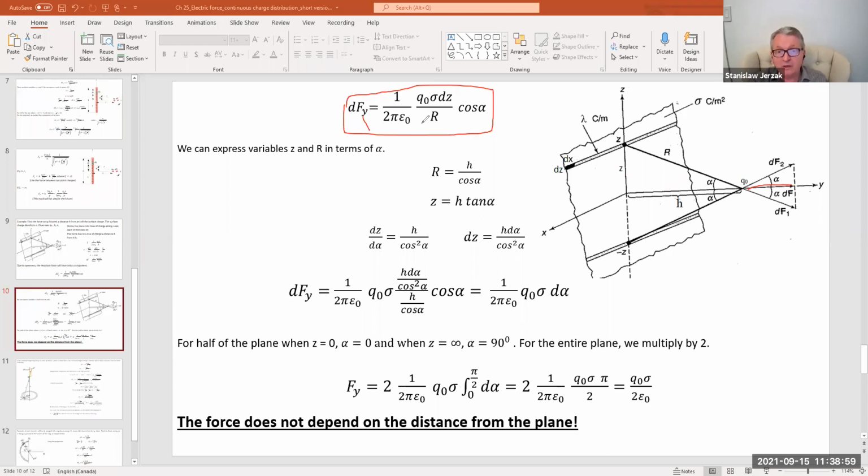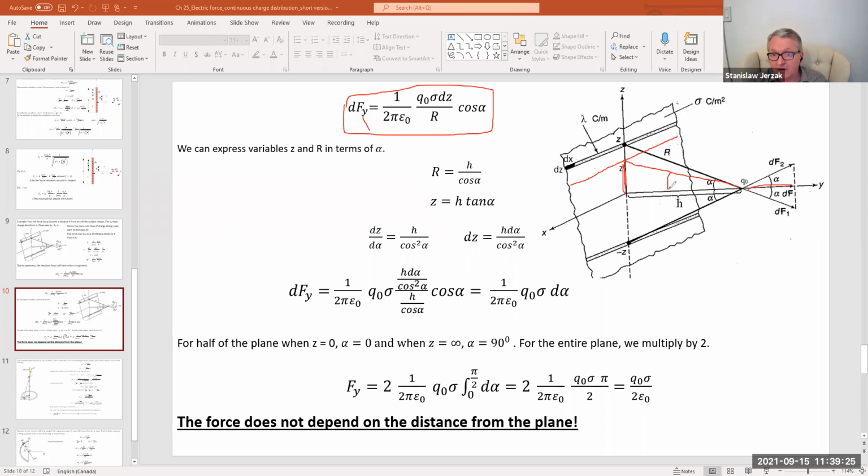So now you should observe that in this expression, three quantities are variables, because when I take a different line of charge, at a different location, maybe this one, then Z would be different. Z is the distance from the origin to the line of charge.